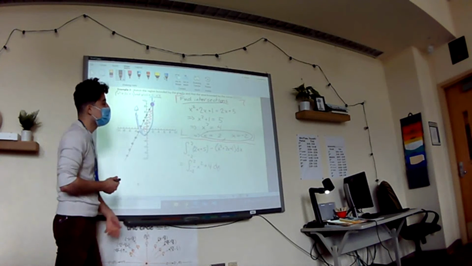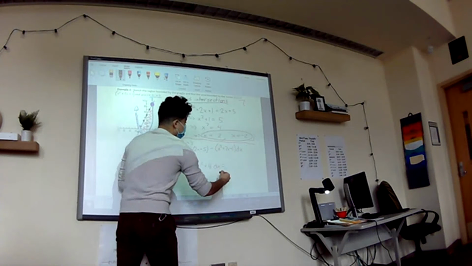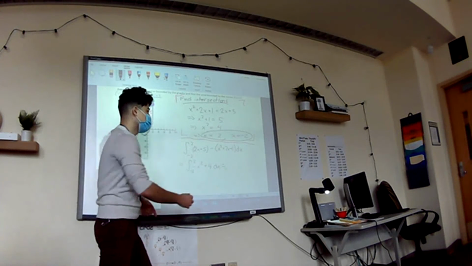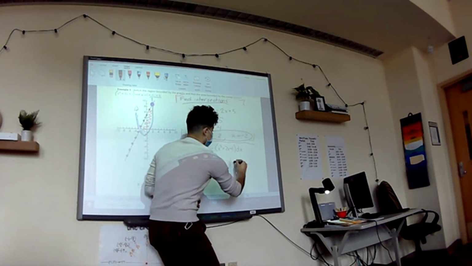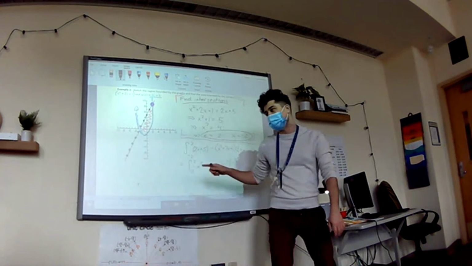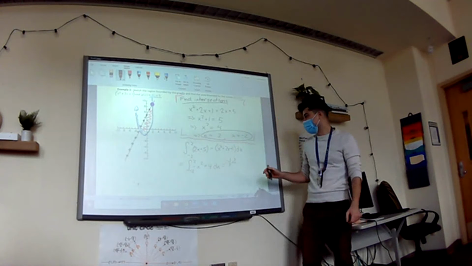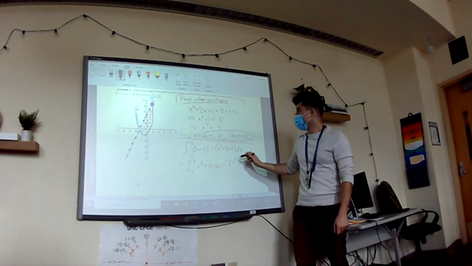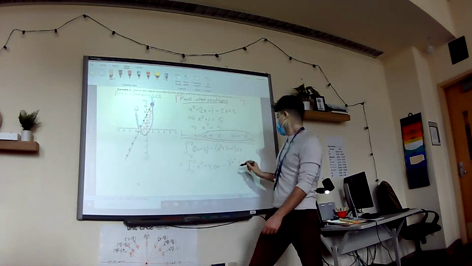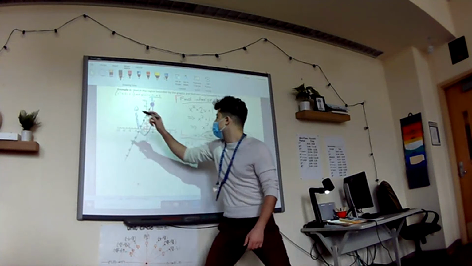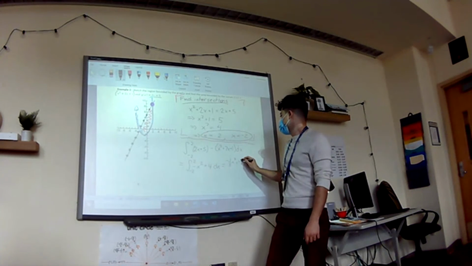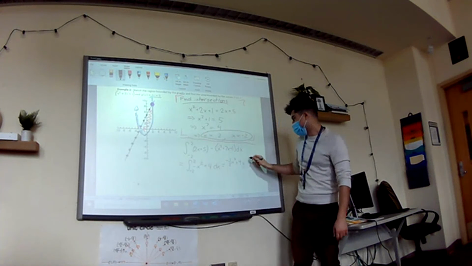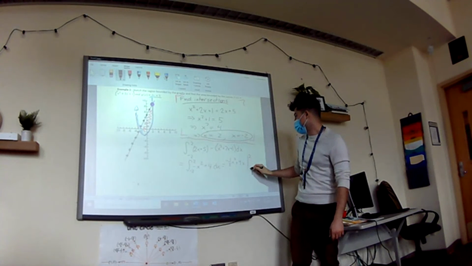So that's how I got that. You integrate this, and the antiderivative is negative 1/3 x cubed, or x cubed over 3, it doesn't matter, same thing, plus 4x. Then I'm evaluating that at 2 and negative 2.